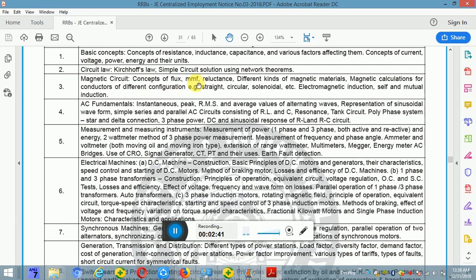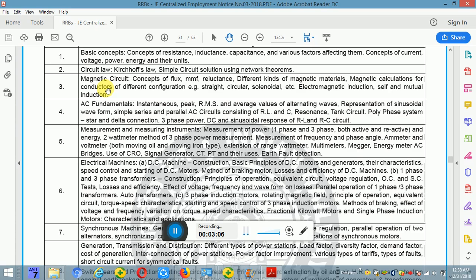flux, MMF, reluctance, different kinds of magnetic materials, magnetic calculations for conductors of different configurations, straight, circular, and solenoid, electromagnetic induction, self and mutual induction. Magnetism is a subject in which magnetic circuits occur.